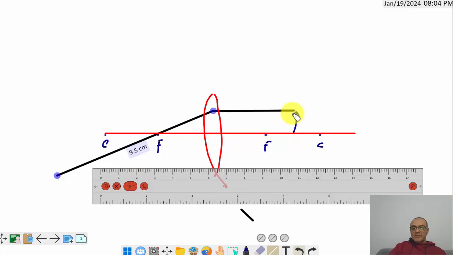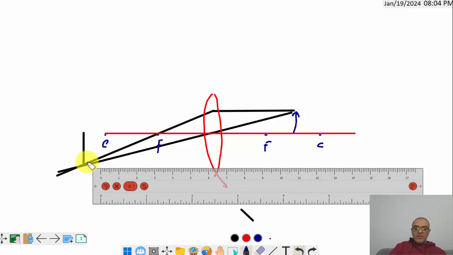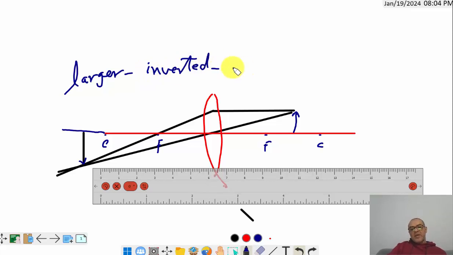And another one passing through the optical center doesn't refract. This means the image will be here. Yes, like this. Larger, inverted, and real.